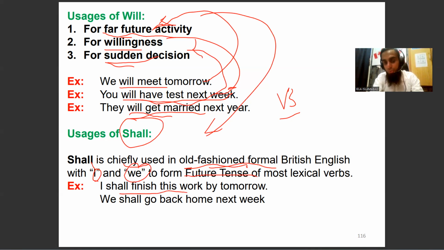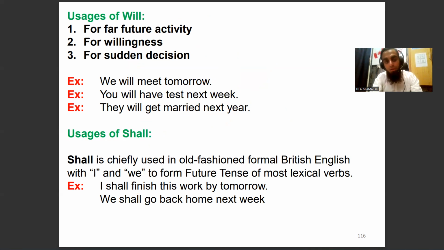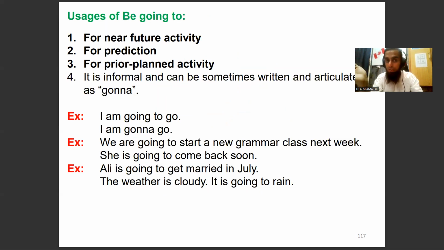I shall finish this work by tomorrow. We shall get back home next week. So we get the conclusion that shall is the old British English word to be used with I or we.